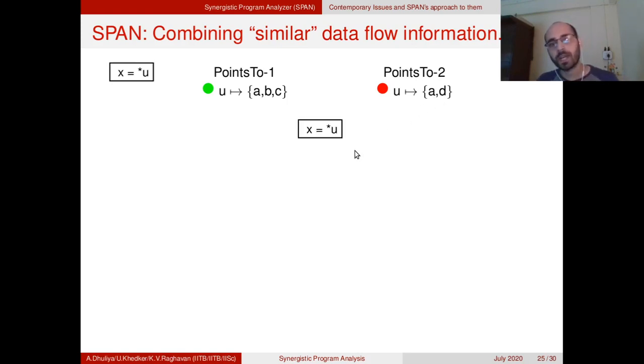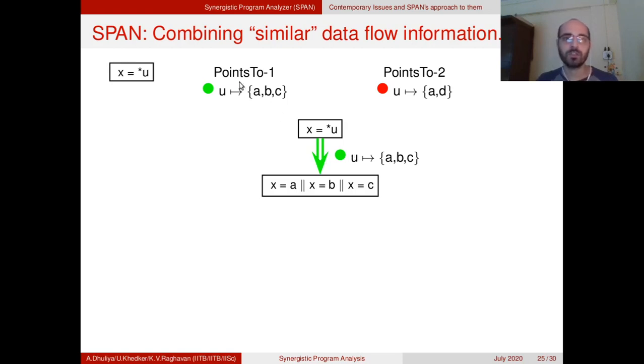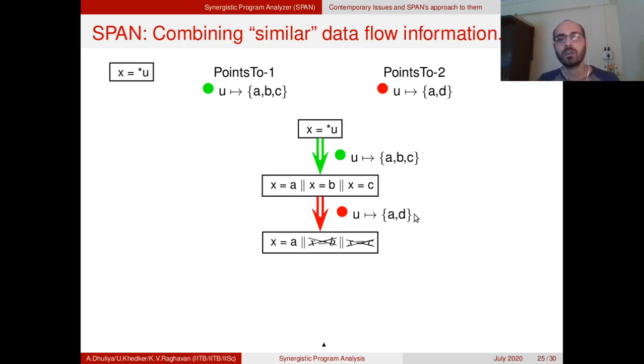So SPAN combines those results. First, using the simplification by points-to 1, it simplifies to x is either equal to a, b or c. Then it uses the information from points-to 2 to eliminate the spurious information. Because both points-to analyses are sound, their intersection would result in a sound points-to set.